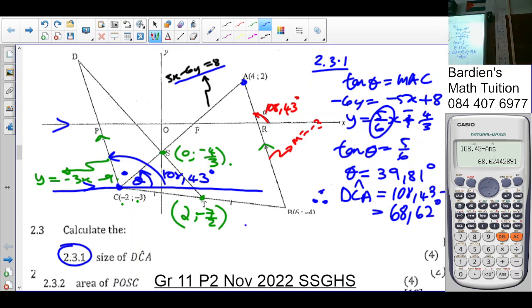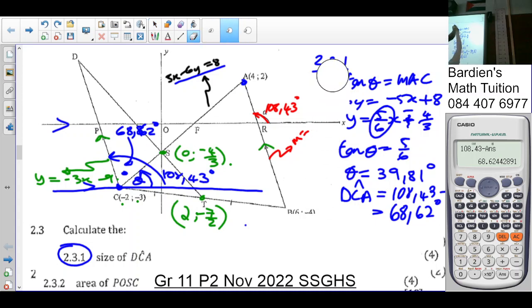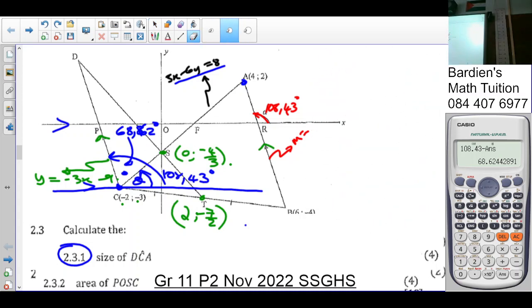So again, I'm going to write this in here, 68.62 degrees, just in case I need it. Okay. Then the last question here, so take this off again. Gradient here was negative 3.